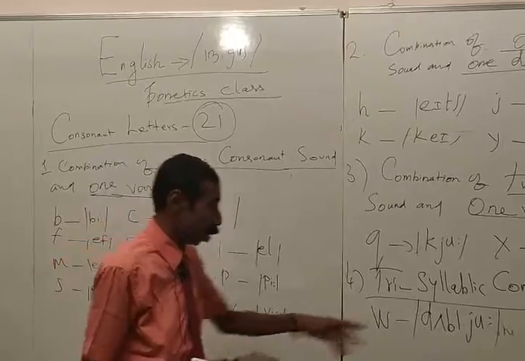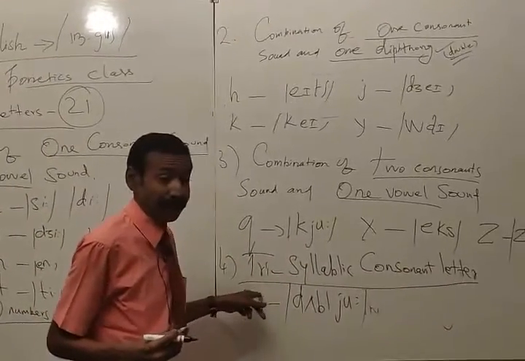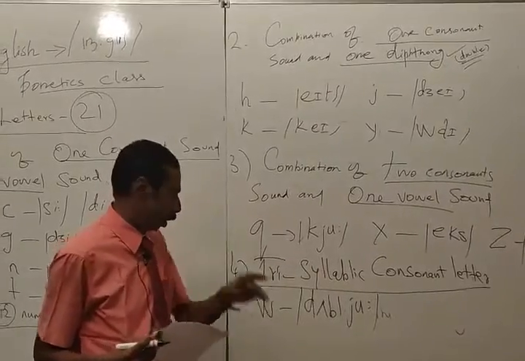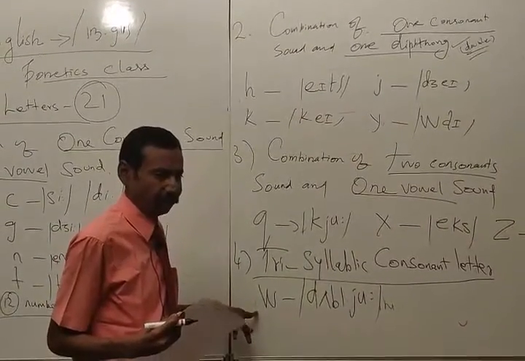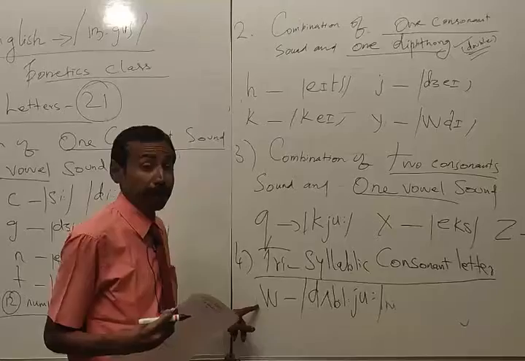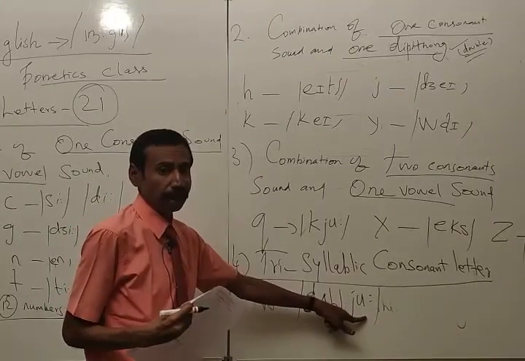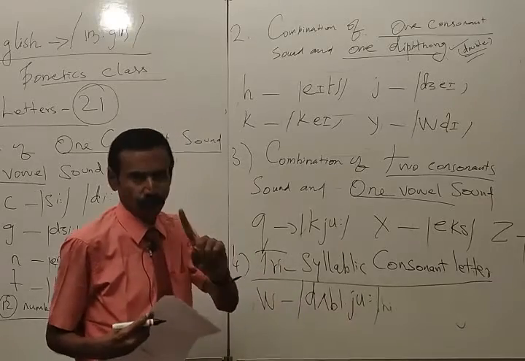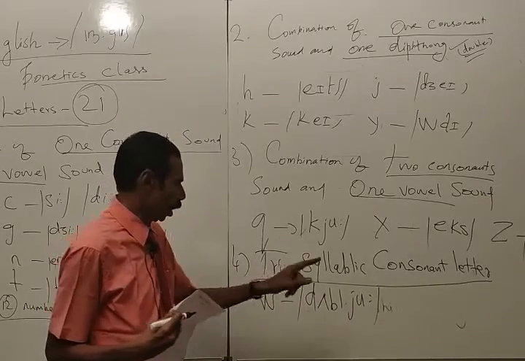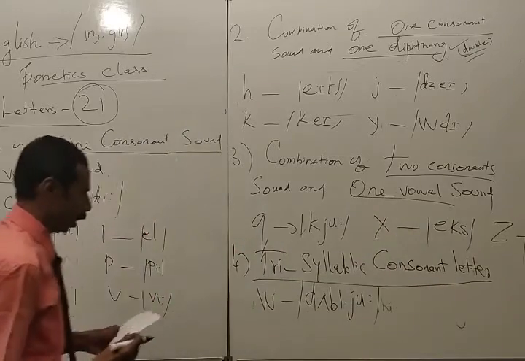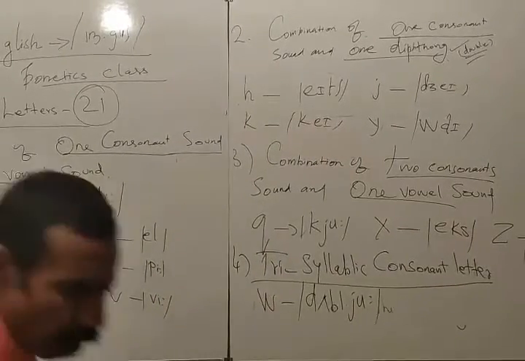The letter is a consonant, but we have 3 syllables according to the sound. The letter here is W, only one letter. What do you call it? Trisyllabic consonant letter. This is the 4th one, being the last word.